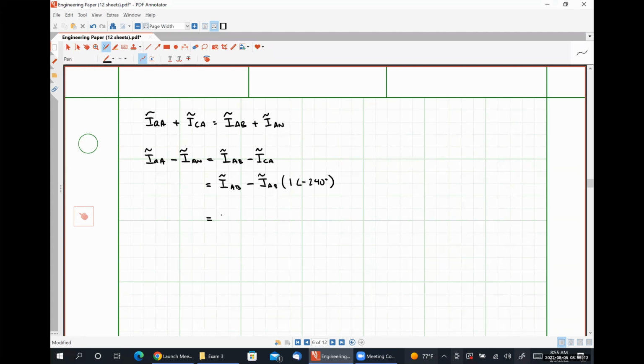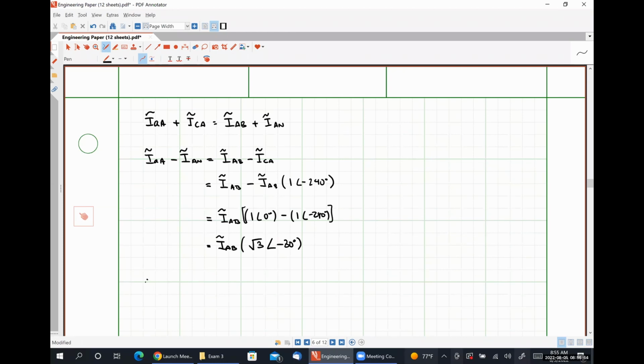And so this is going to look like IAB times 1 angle 0 degrees minus 1 angle negative 30 degrees, which is simply IAB times a factor of the square root of 3 angle negative 30 degrees. Okay. Sorry. This right here should be 240. I got ahead of myself. My apologies.